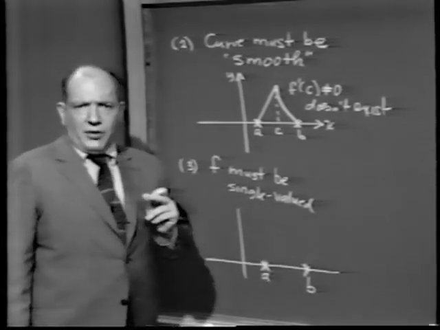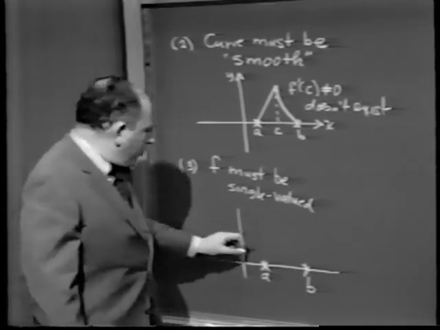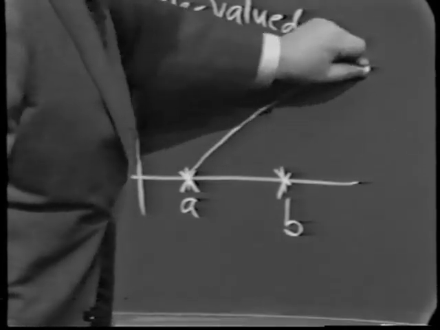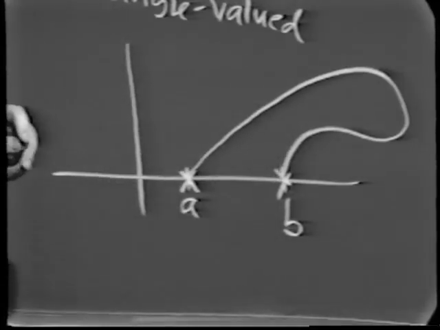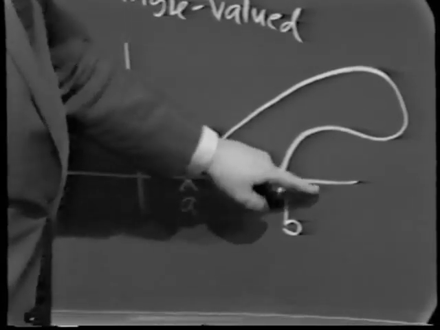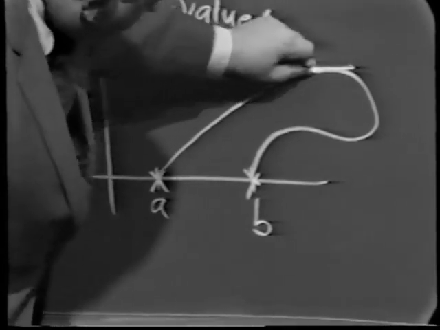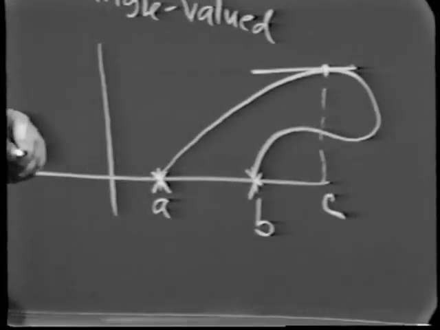And I want it to be smooth. But the curve does not have to be single valued. Notice that you could have a curve that does something like this. Now you see, there will be a point, C, where the derivative will be 0.